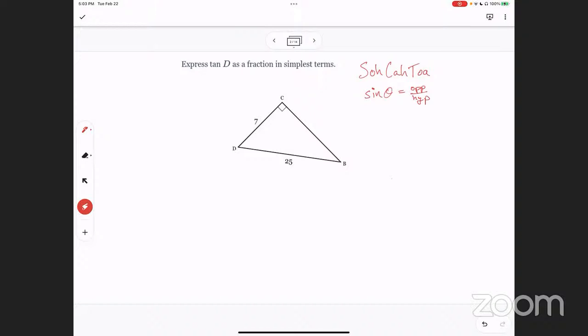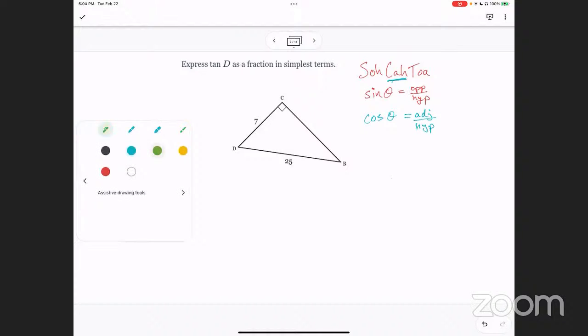Okay, so Sohcahtoa is what you'll hear people say a lot. So, S-O-H, that stands for the sine is equal to the opposite over the hypotenuse. Got it? Yeah. Ka, can you see my screen? Yeah. The cosine of an angle is equal to the adjacent over the hypotenuse.